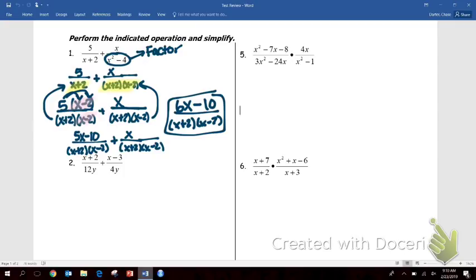Okay, so this one, number 2, we are also adding, so I need a common denominator. The first denominator is 12y. The second denominator is 4y. So the common denominator here is 12y, and I know that because 4y I can turn into 12y.